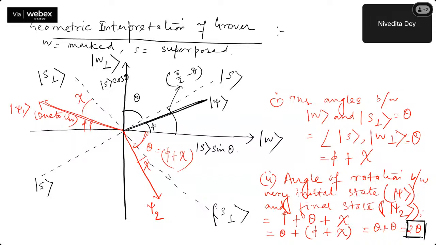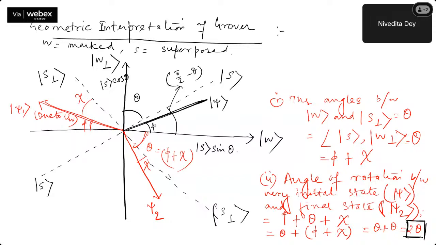Now just take note of this. After applying one set of rotation operators, one set of both the operators, UW and US, one such rotation gives an angle deviation of 2 theta. Whether it's a good or bad indication depends on whether you are converging to the marked state or your solution state fast or not.